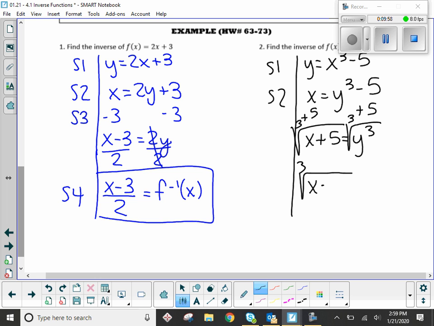Be sure that your plus 5 is inside your radical because it's part of that. And then instead of equal to y, I want you to use your inverse function notation. F to the negative 1 of x, sorry.